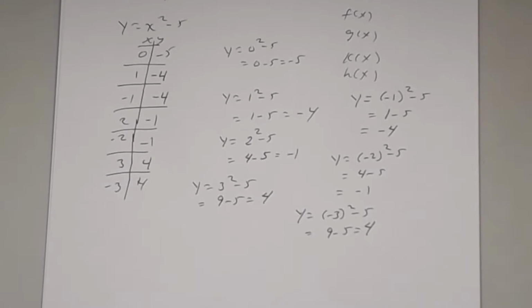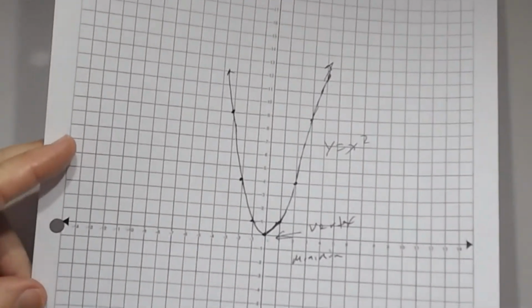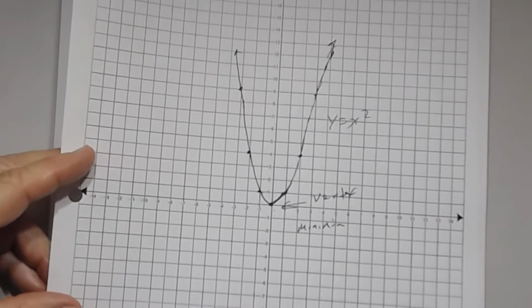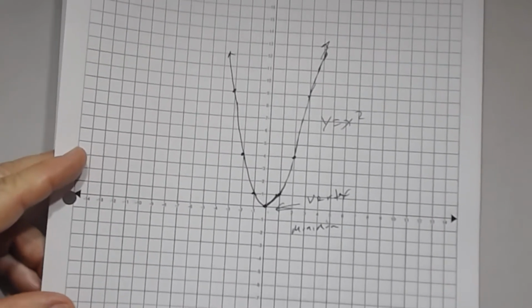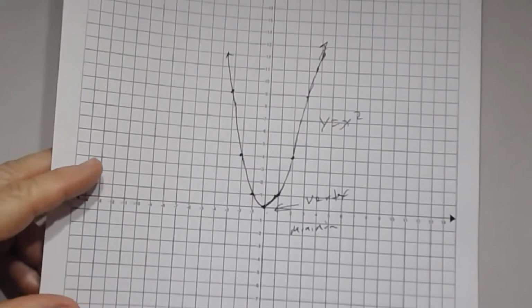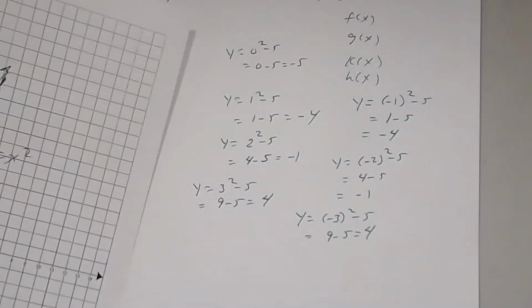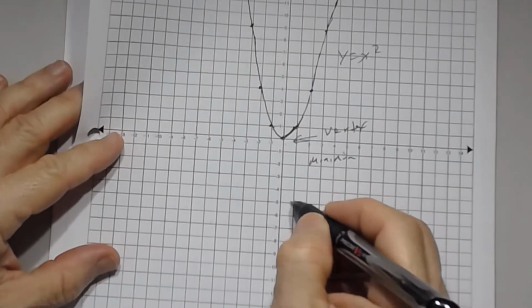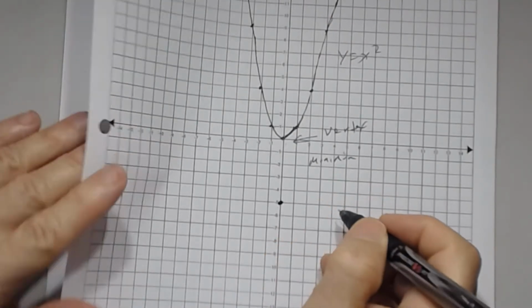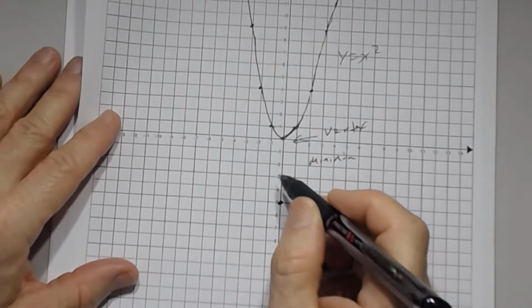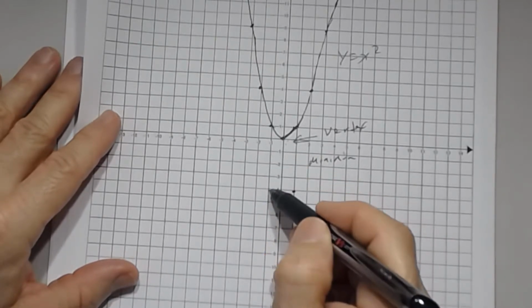Okay. So I'm going to plot those ordered pairs. And I want you to go ahead and put them on the same graph paper as the one you just did, so we can have that discussion, so you can see the similarities. So I'll plot the point (0, -5), which is here. Then (1, -4), which is here. And then (-1, -4).